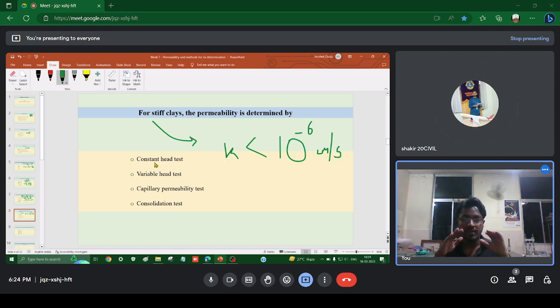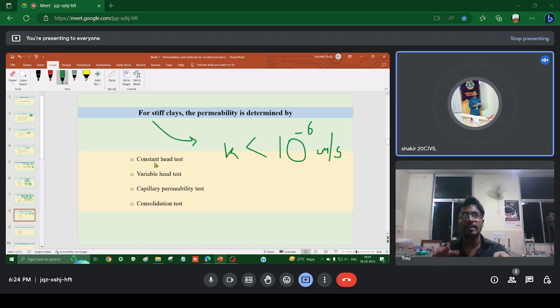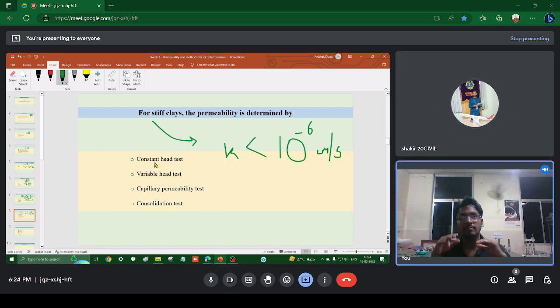But if K is so small, that time will approach infinity, and the discharge in the constant head test will be very small. So these two are ruled out. The capillary test is also ruled out because it has specific conditions and is not for stiff clays.